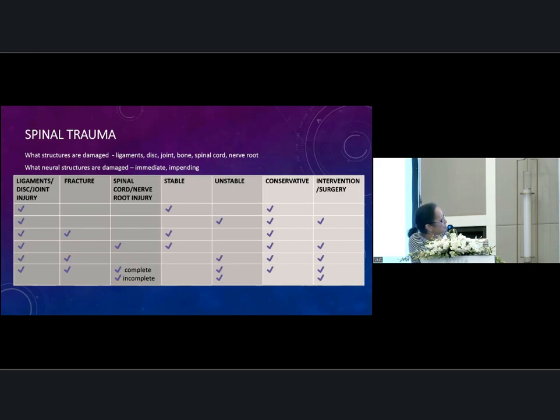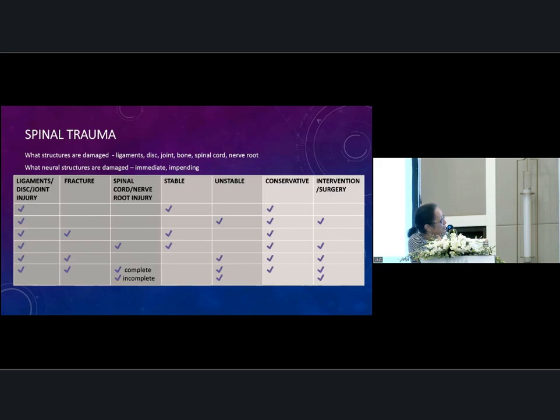If it's stable, can manage conservatively. Ligaments are damaged, cord or nerve injury, but it looks stable. Again, depending on if there's compression there, you can intervene surgically or manage conservatively.